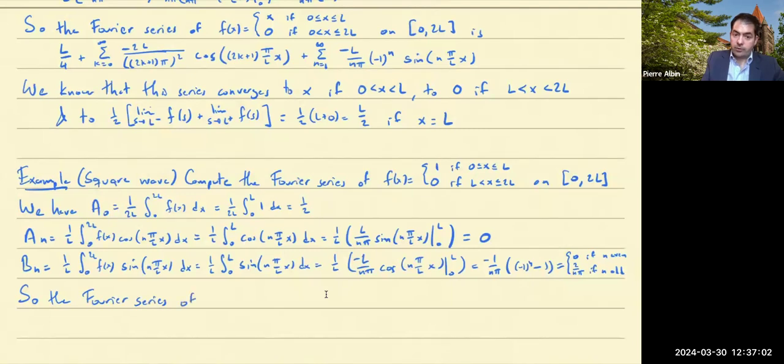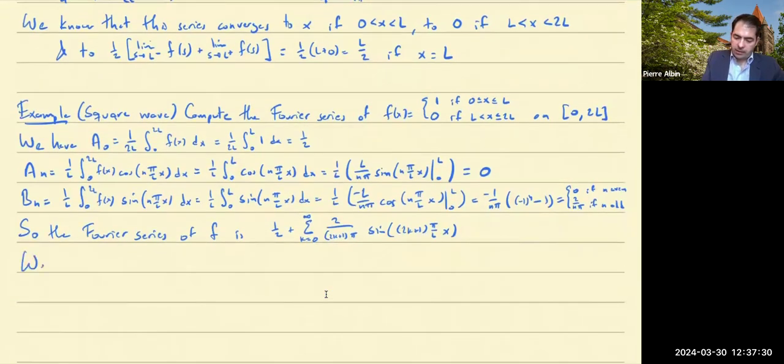So the Fourier series of f is 1/2 plus the sum k goes from 0 to infinity of 2 over (2k plus 1) pi times sine of (2k plus 1) pi over L x.